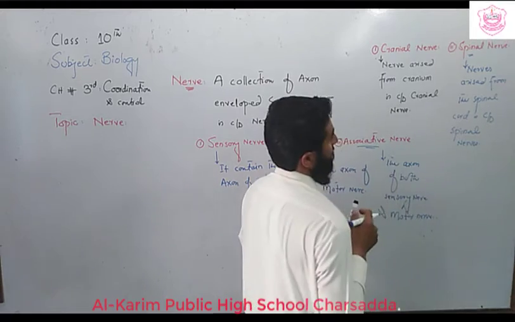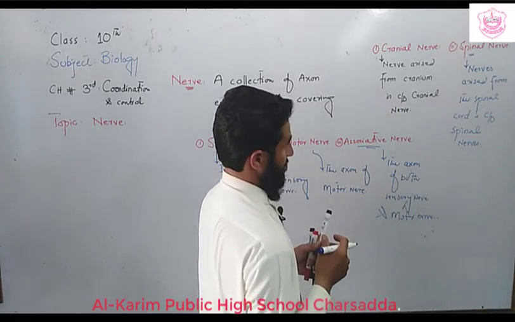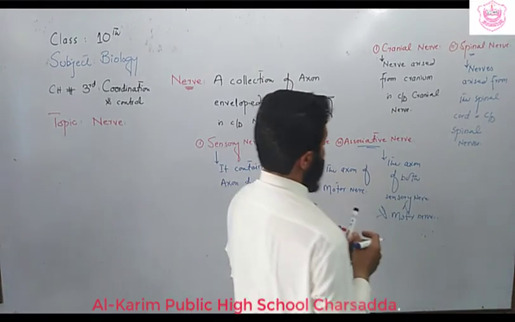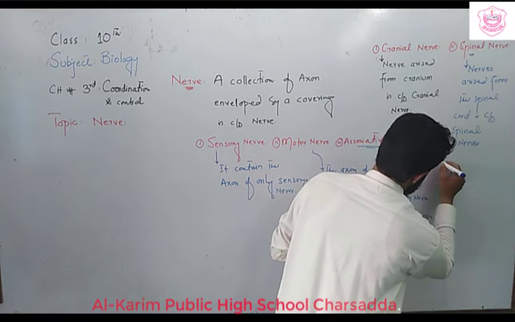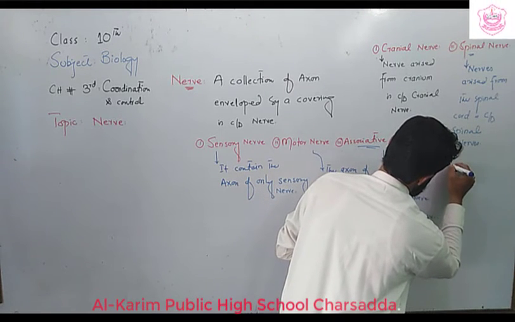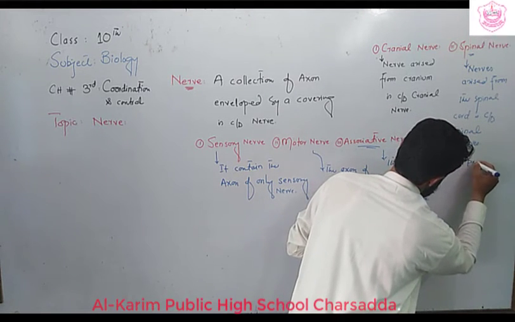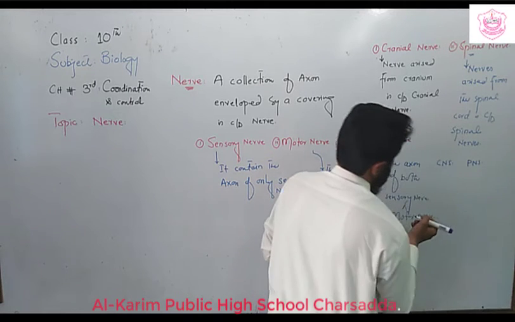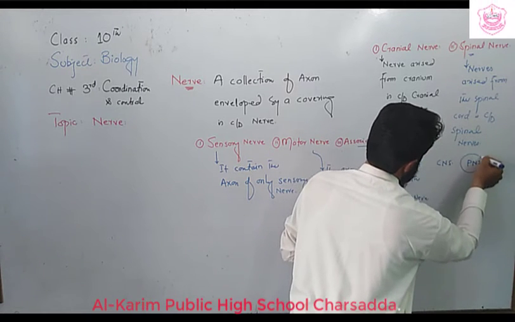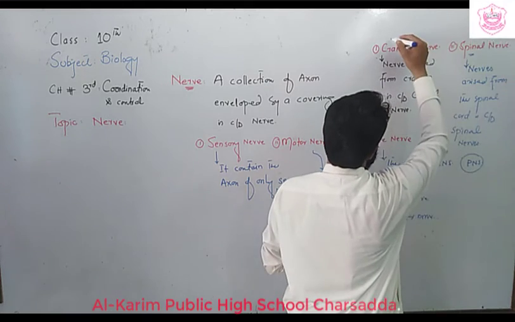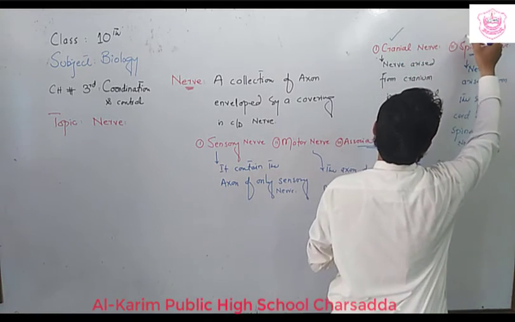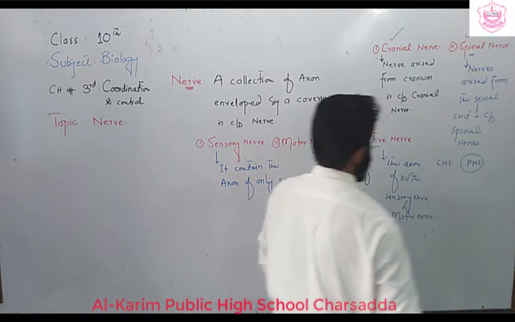Actually, there are two systems in the nervous system: the central nervous system, CNS, and the peripheral nervous system. The peripheral nervous system is formed by what? By the cranial nerves and by the spinal nerves.